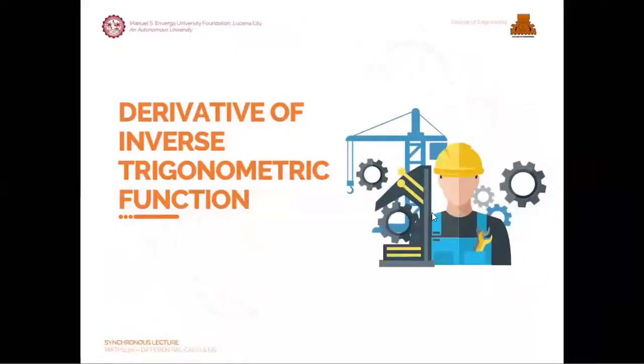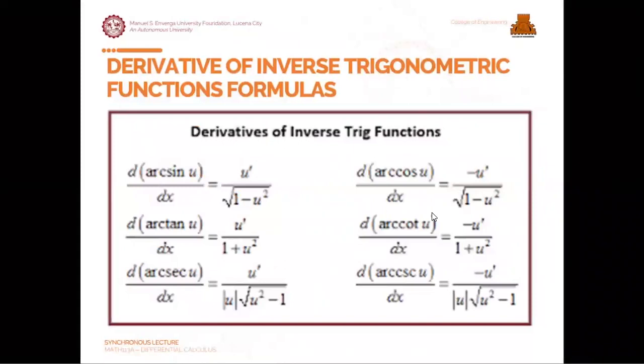So let us now go to the derivative of inverse trigonometric functions. If there are formulas for trigonometric functions, we also have formulas for inverse trigonometric functions. So that is the form. Please check it. In other textbooks, you will see it called arcsine, but sometimes it is written as sine raised to negative 1.